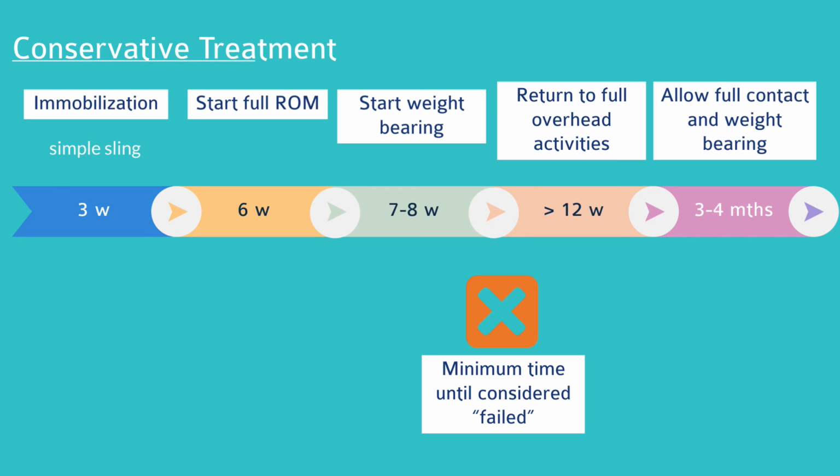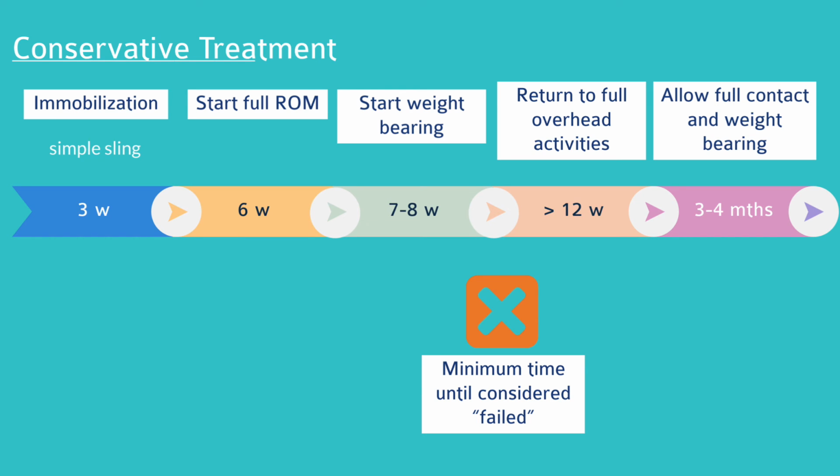Then, how do we treat our patients? First of all, we found a consensus on conservative treatment. Immobilization in a simple sling for 3 weeks. Then we start full range of motion, which should be after 6 weeks. Weight bearing is started after 6 weeks, so at week 7 to 8. And then we have week 10 to 12, which is the minimum time considered until failed.